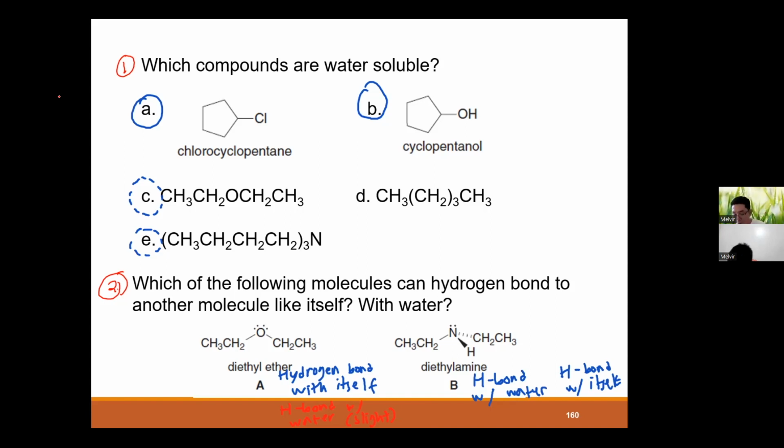May answer ka na. So, okay, tatanungin kita sa number 1. Bakit meron kang yung mga broken lines na circle? They are slightly soluble. I know po na they are slightly soluble, but they are not soluble. Okay, sige. Why is chlorocyclopentane soluble in water? Why did you choose chlorocyclopentane?